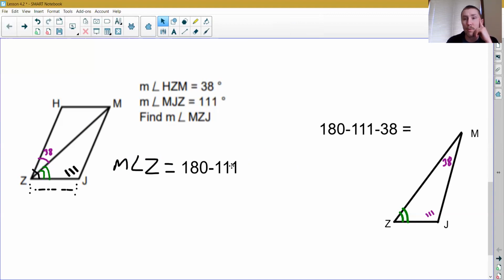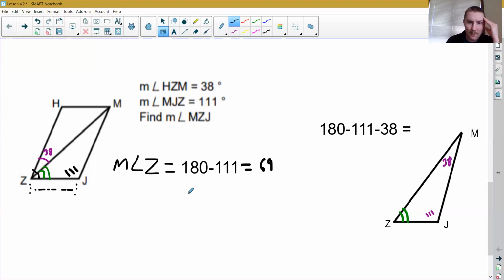Once I know that, I have 2 pieces of angle Z. One of the pieces is 38 degrees, the purple one they told me. The other is the green angle I'm trying to find. So once I have the whole angle Z, I can subtract the 38 piece that I know, and I will have the angle they want me to find. Again, 180 minus 111 gives me all of angle Z, which equals 69 degrees.